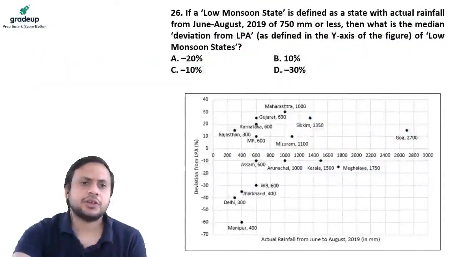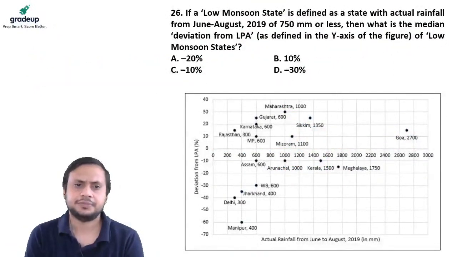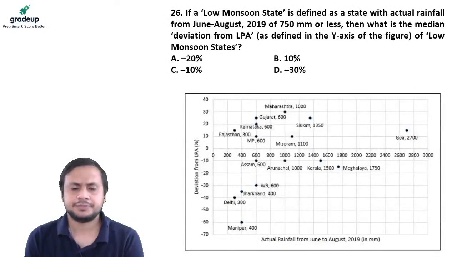Okay, question number 26. If a low monsoon state is defined as the state with actual rainfall from June to August 2019 of 750 mm or less, then what is the median deviation from LPA as defined in the y-axis of the figure?